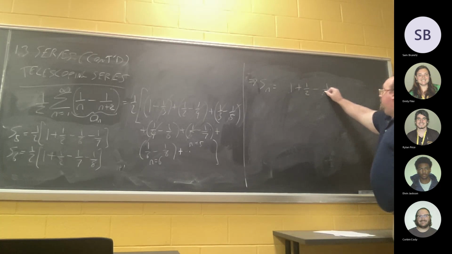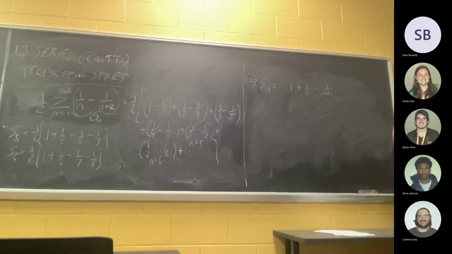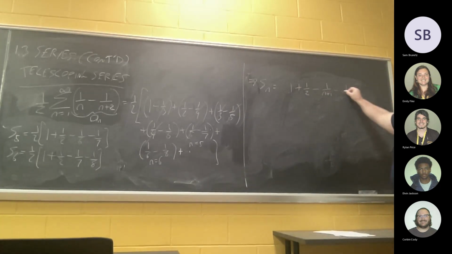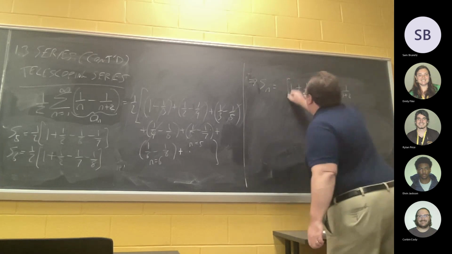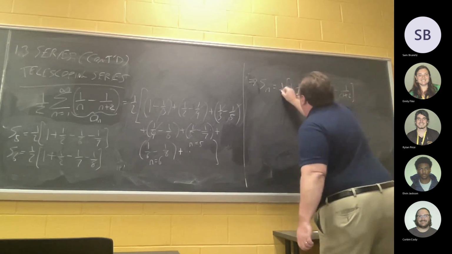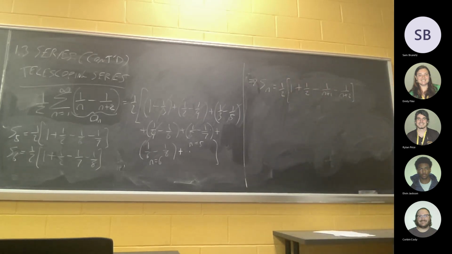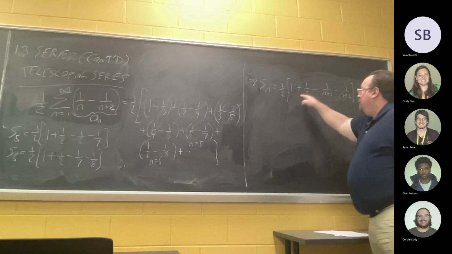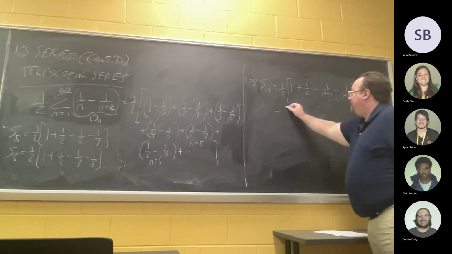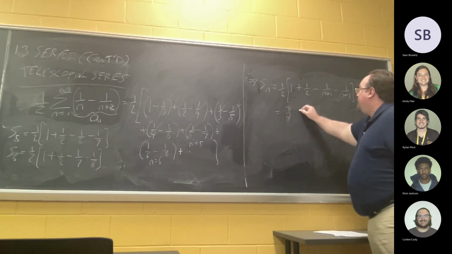Plus 1. And what else needs to be thrown in here? Yeah, multiply the whole thing by 1/2. That's right. Okay. Now, if we simplify this as much as we can, 1/2 times 1.5 is 3/4, as I mentioned earlier.